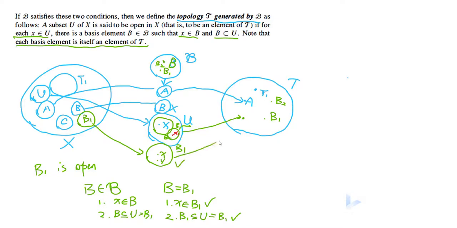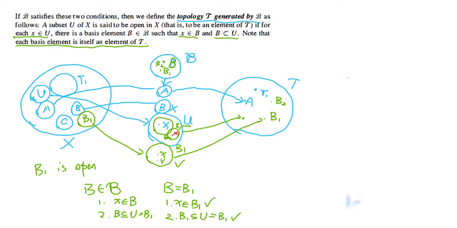So it's open, so it should be in the topology T. That's why B1 is an element of T. And this is true for any basis element inside of the B. So we can verify it for every element in the basis. So that's why this claim is true.